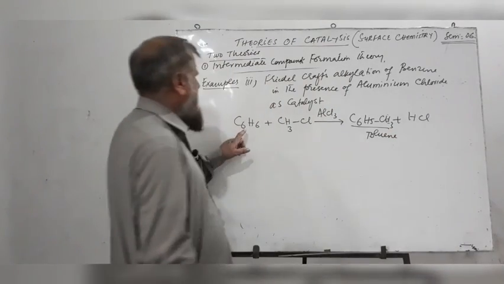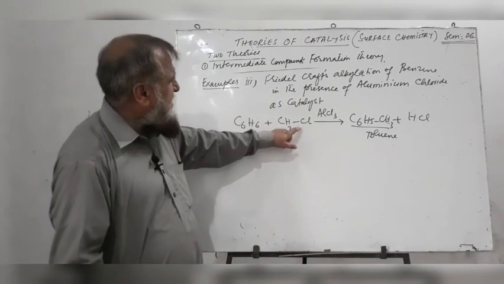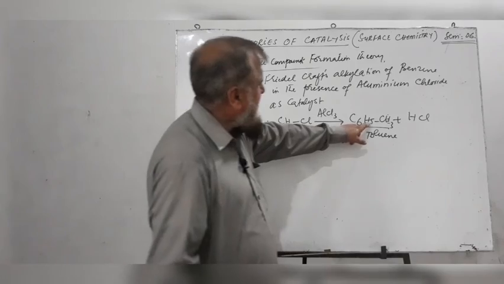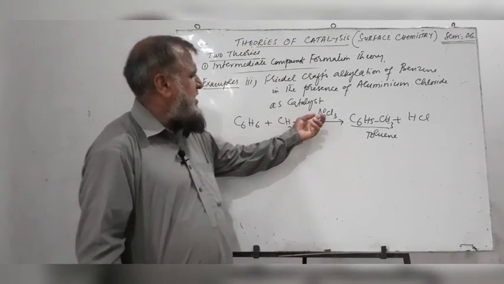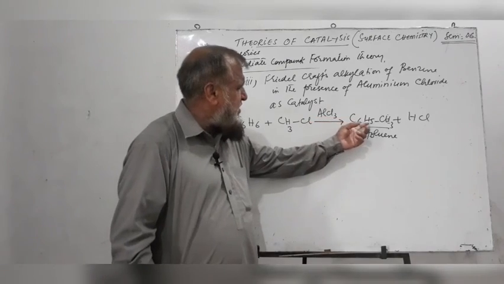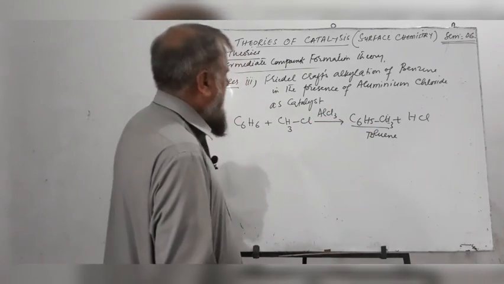The main reaction is C6H6 plus CH3Cl, AlCl3, C6H5CH3 plus HCl. Benzene reacts with methyl chloride in the presence of aluminum chloride catalyst to produce toluene and HCl.